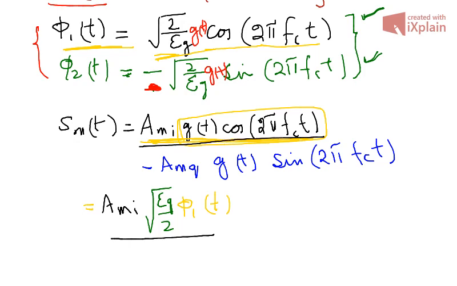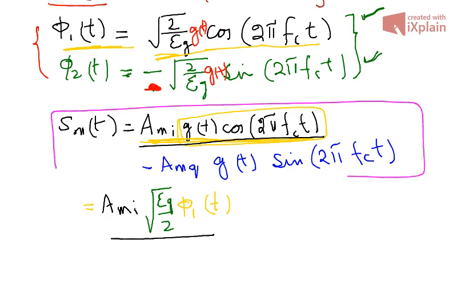And in the next part, if you see in Sm of t, I'll circle this one. In the second part, we already have this negative sign in phi2 of t, right?